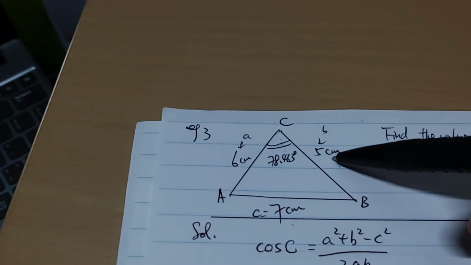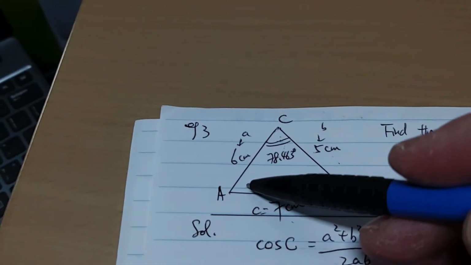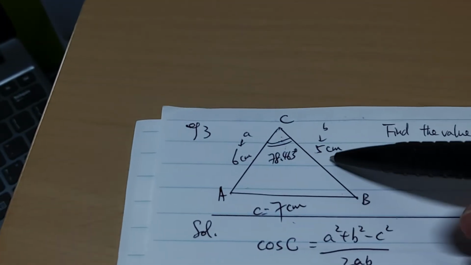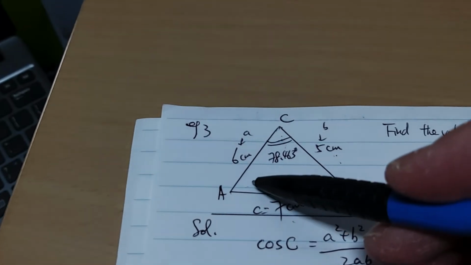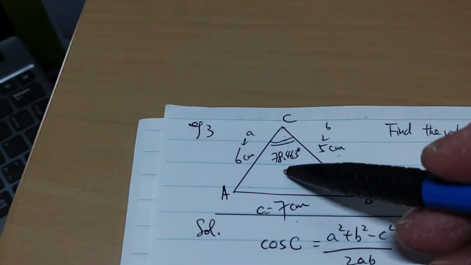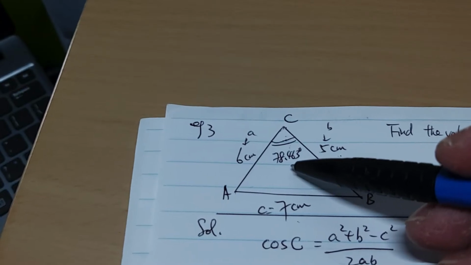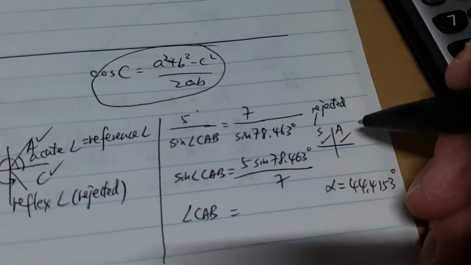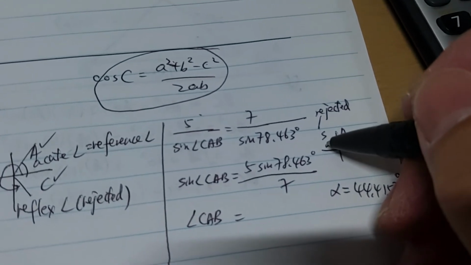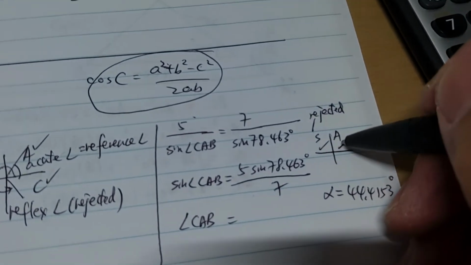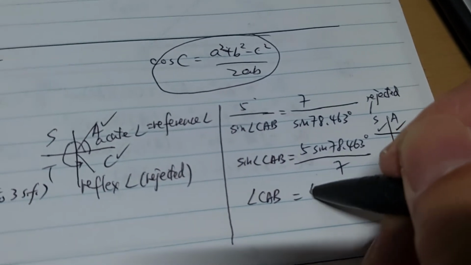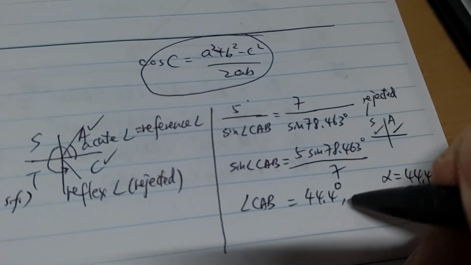So for the shorter side, will the angle be obtuse? That means will the angle be bigger than this angle? No, because the shorter the length, the smaller the angle. So this angle must be less than 78 degrees, and not an obtuse angle. So in this case, we reject this case. We don't have to write down the angle in this quadrant. We just write down this angle. So this angle is just the reference angle. So the answer is 44.4 degrees.